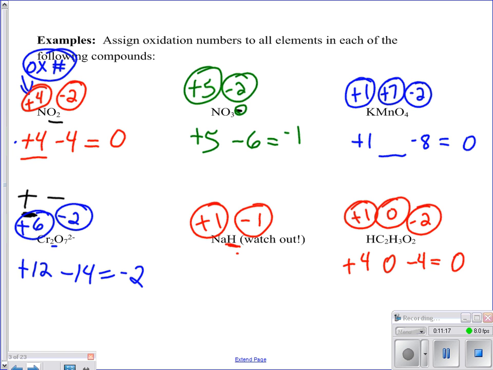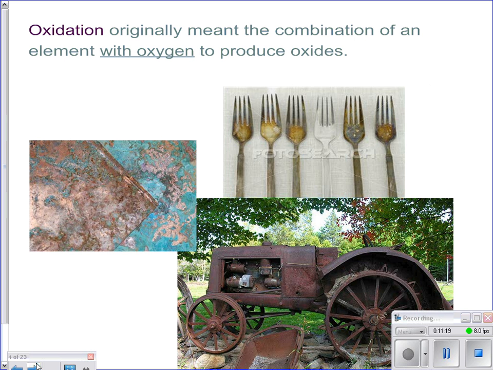Good. All right, so that's going to be important for us to be able to figure out some information about the type of reactions that we have. And we're going to talk about something known as oxidation and reduction. To give you a little bit of background here, oxidation was originally meant to be the combination of some sort of element, typically a metal, with oxygen.